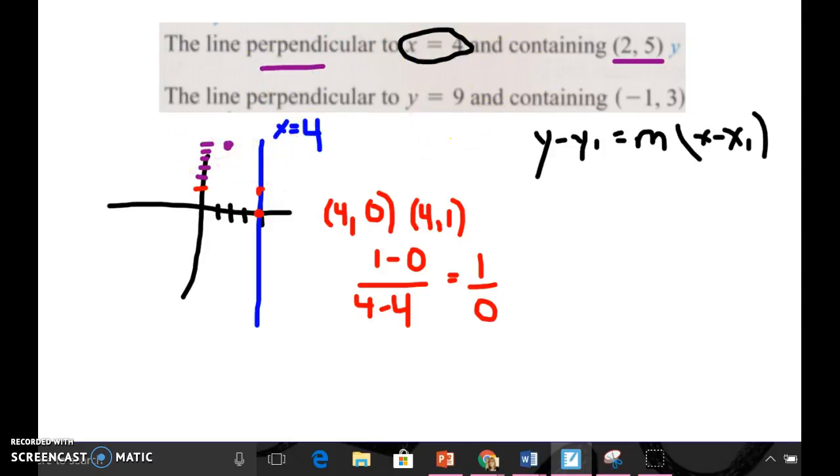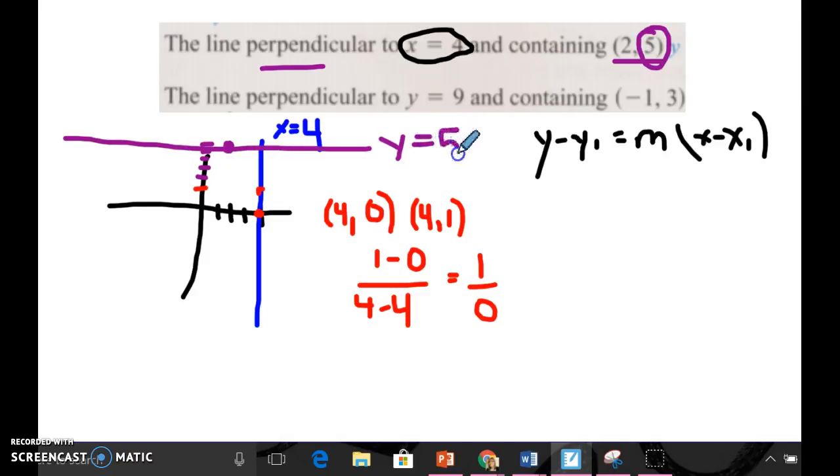Well, the only line that it could be is a horizontal line that goes through that point (2, 5). What is the equation of the horizontal line that goes through the point? Your equation is y equals that y coordinate. y equals 5.